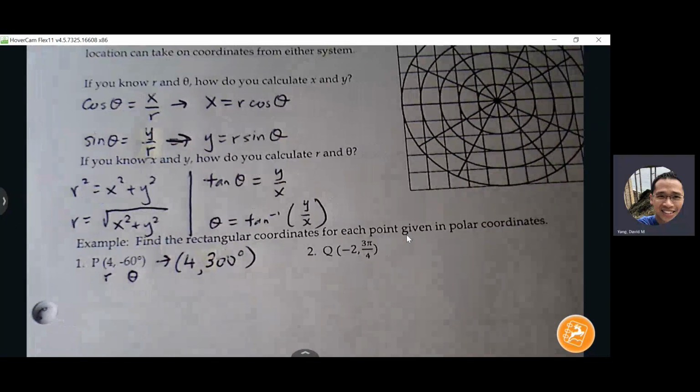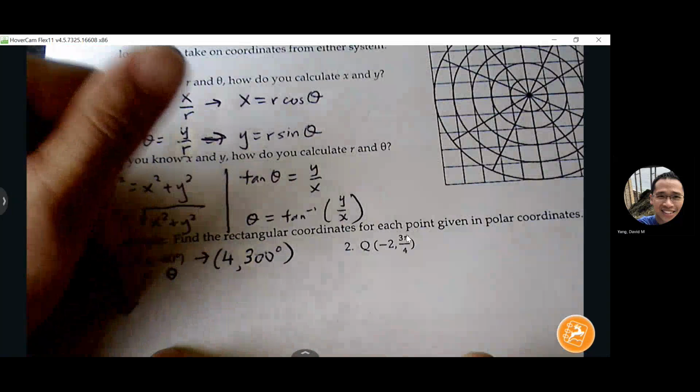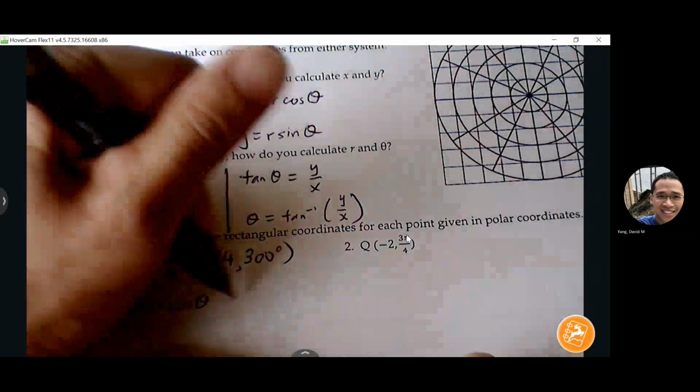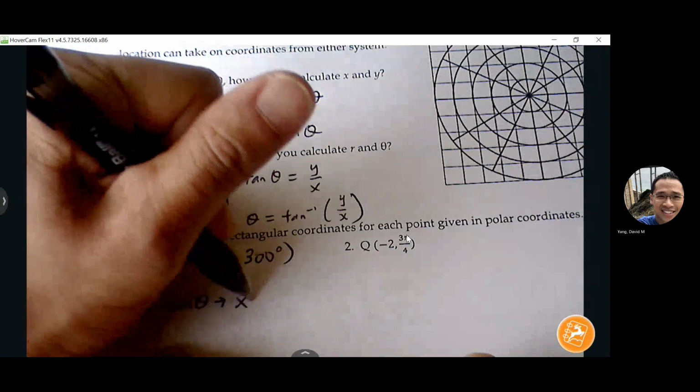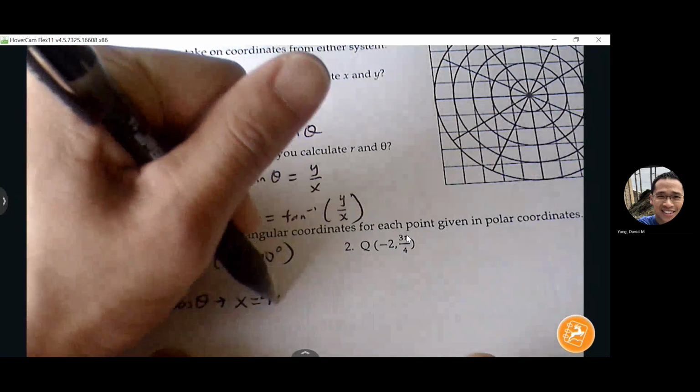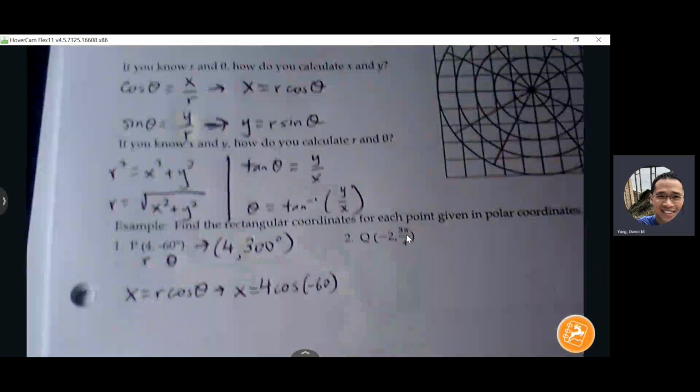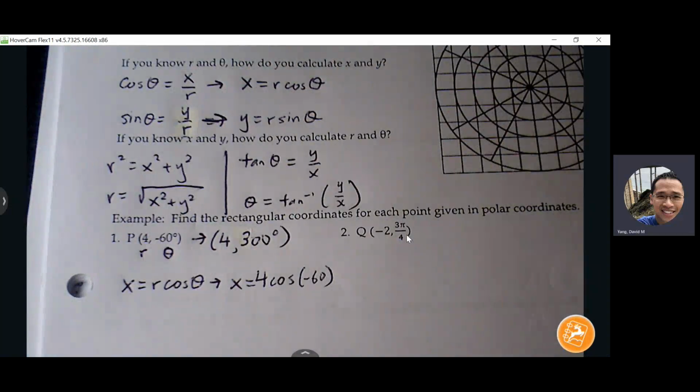So if I want to find the x and y value, you can just as easily put 4 cosine 300 degrees.